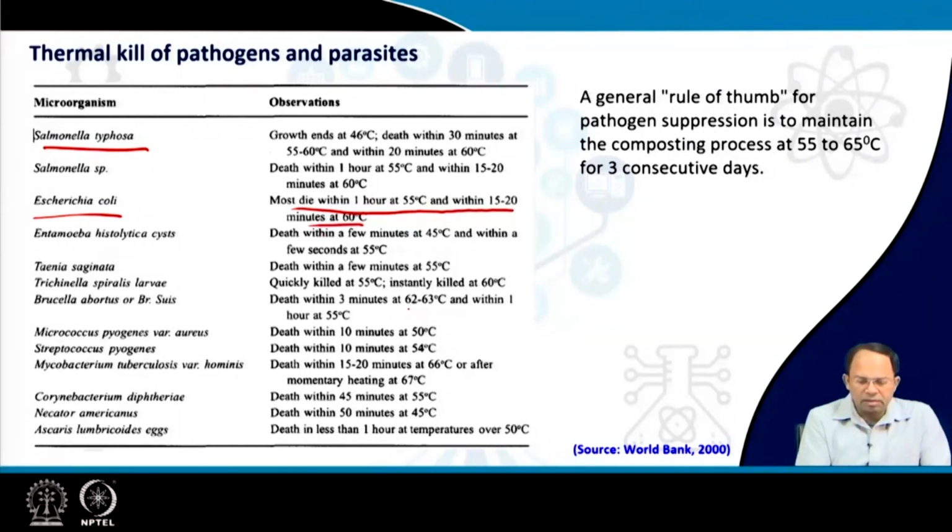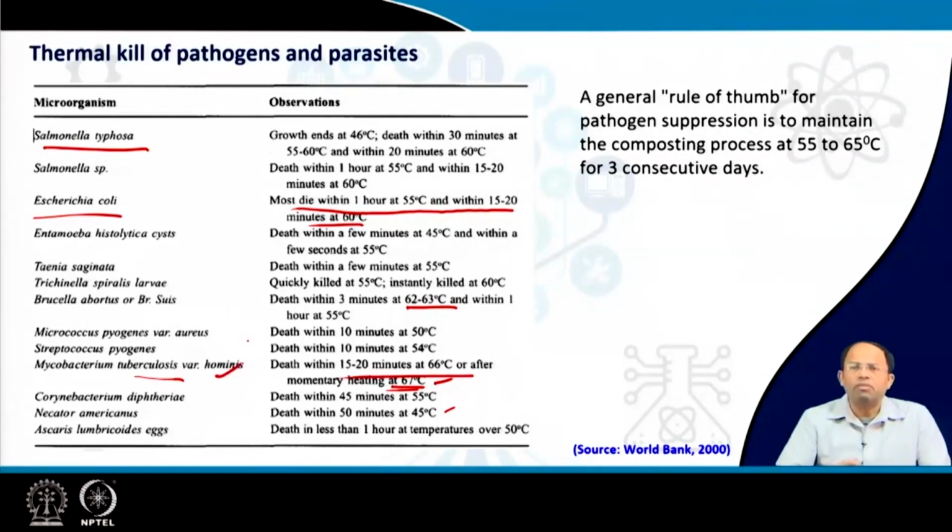So different temperature ranges are given for different pathogens to get killed, and once we can attain this kind of values, like over here, Mycobacterium tuberculosis dies in 15 to 20 minutes at 66 degrees centigrade or after momentary heating at 67 degrees centigrade. So if our compost pile reaches 70 degrees, automatically this bacteria would be killed.